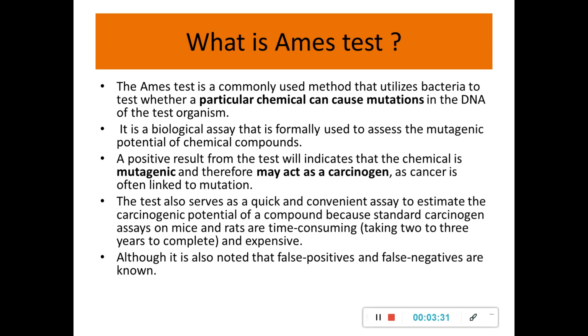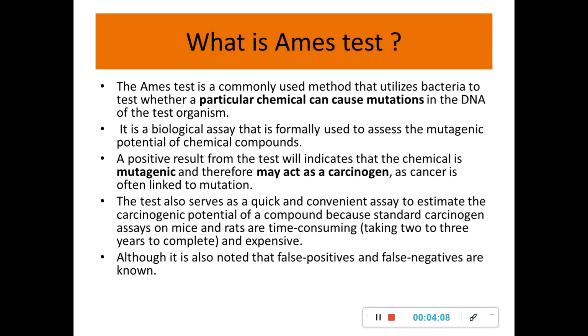You inoculate the chemical into the experimental mice and then see whether cancer develops or not. That process of inoculating each and every chemical into a mouse or a rat is time consuming, and it is also expensive, because you always have to do triplicates of each experiment, and so this results in a lot of expense.